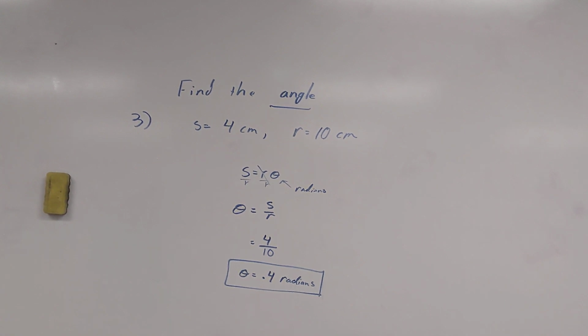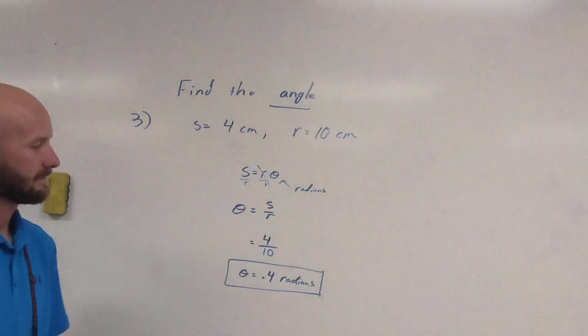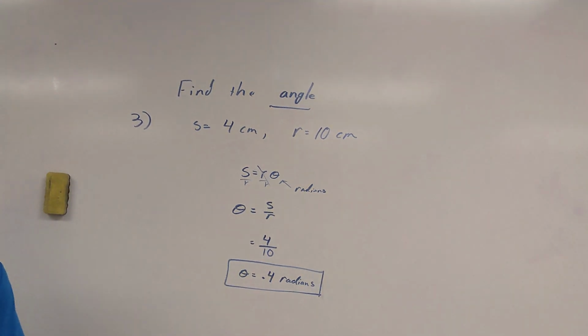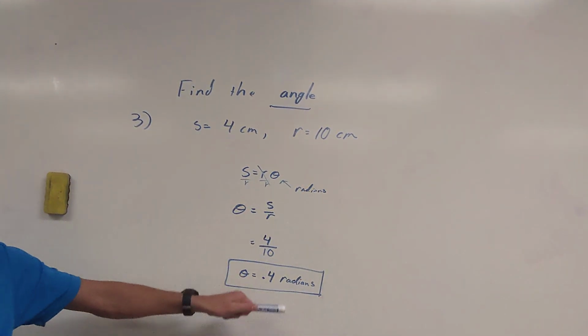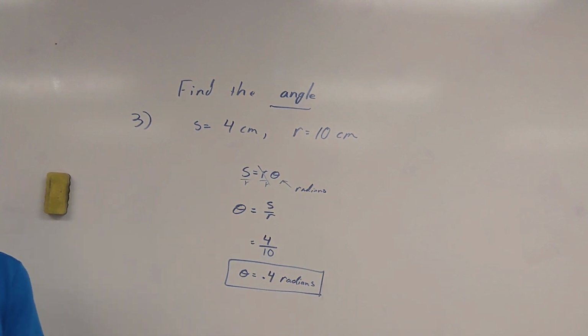Well, we didn't change anything. We didn't convert it to radians. It's just that our answer for theta is in radians. Oh, so when it says find the angle, we don't have to change it? It's 0.4 radians, it never was centimeters. It was centimeters at the beginning.